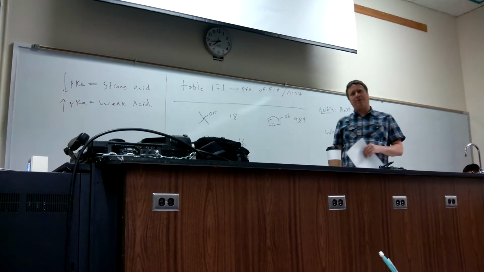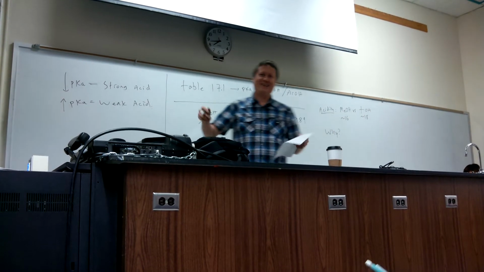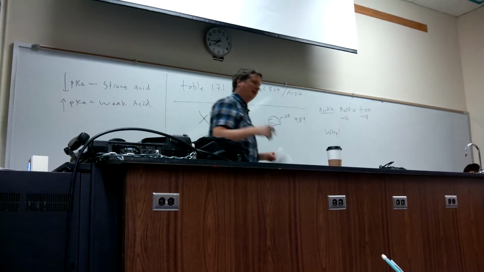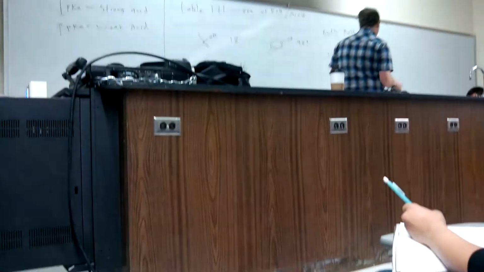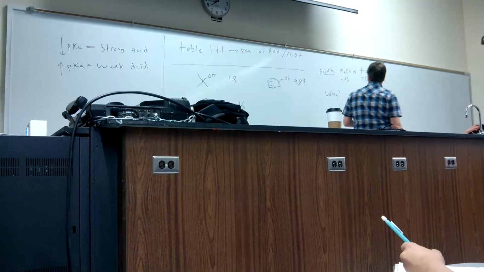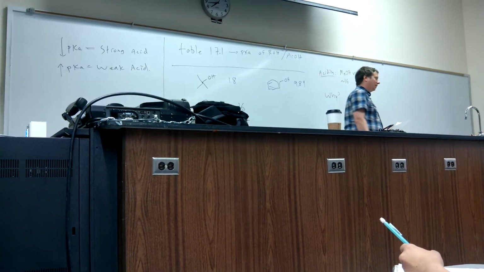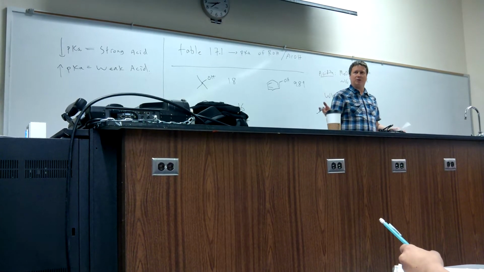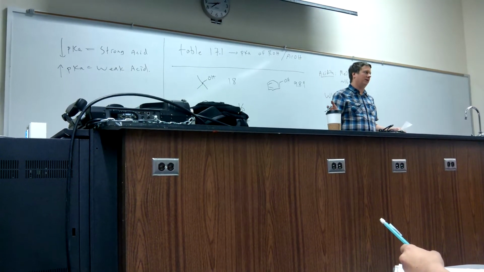Usually the first answer anybody says is, oh, sterics. The tert-butanol is more sterically hindered, but that has nothing to do with acidity directly. And so what do you consider when you're trying to explain acidity of a molecule, relative acidity?